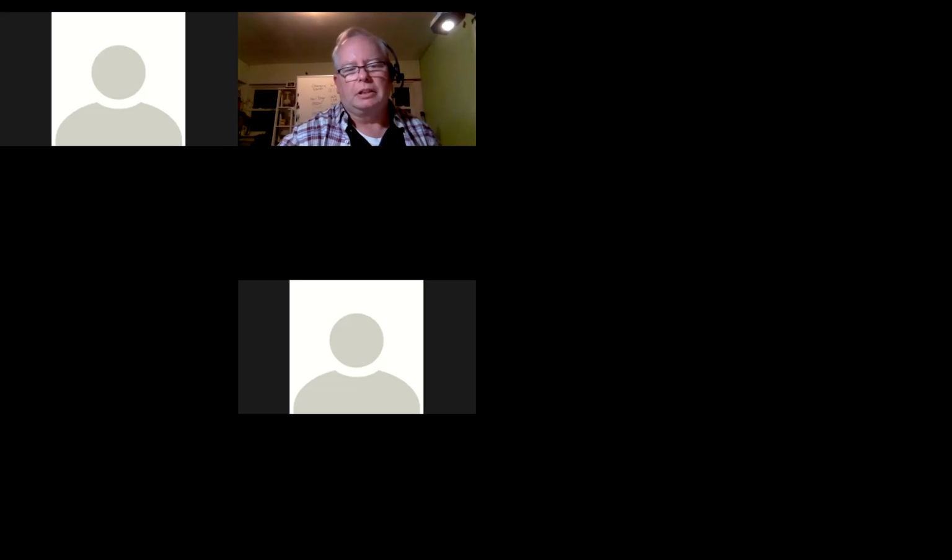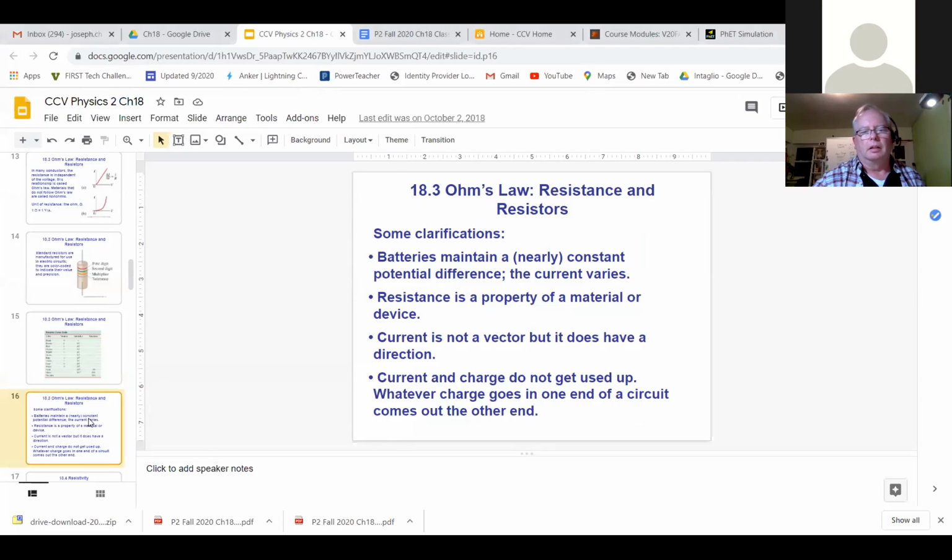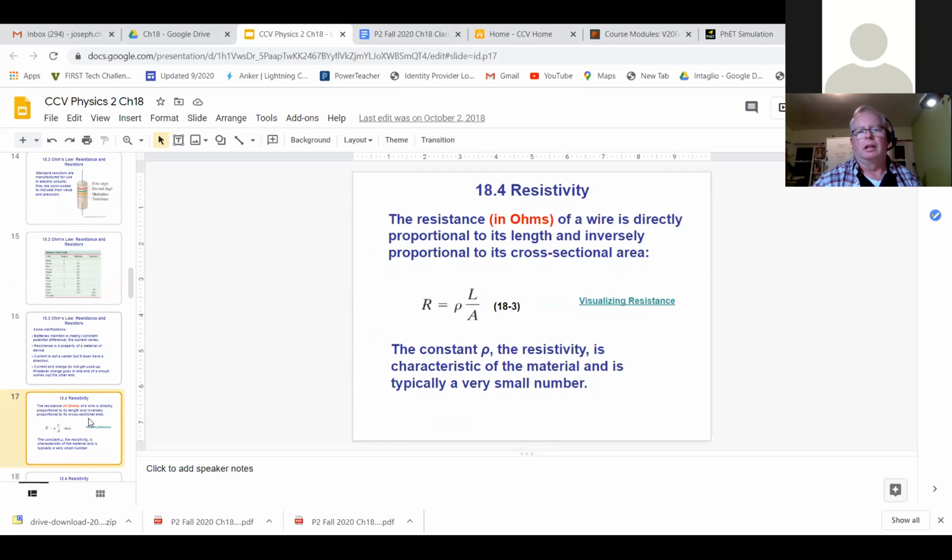I'm going to change cameras again and then go to share screen and take a look at our notes. Okay, so there again, just some definitions here in this one.